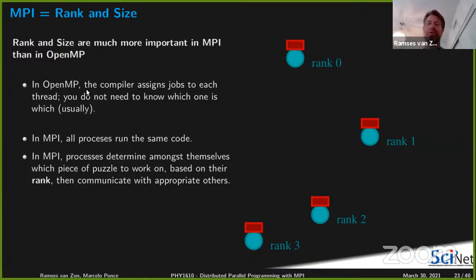So that's how you have to write the code. You have to write the code from the perspective of a single process that's getting a rank and then figures out what is my job, my part of the computation that I have to do. What are the parts that I have to send to another process and back? So it's kind of low level, and it's something that is trickier.